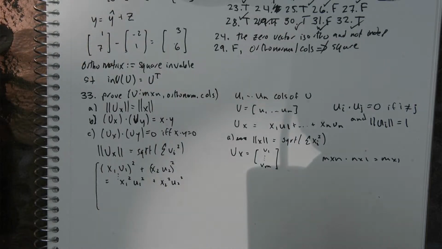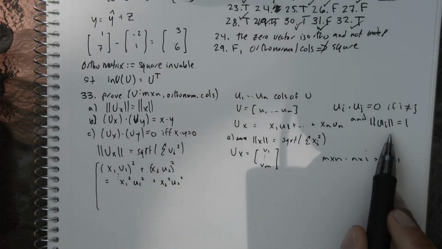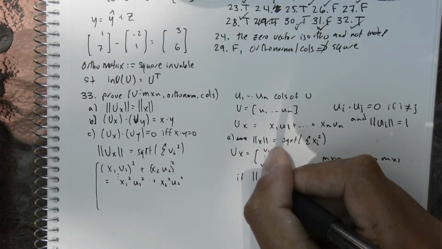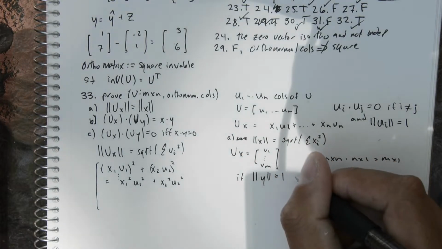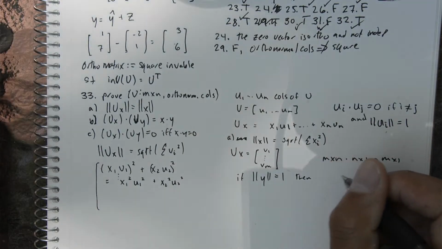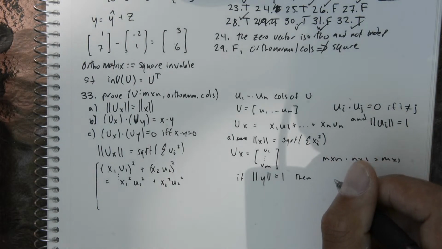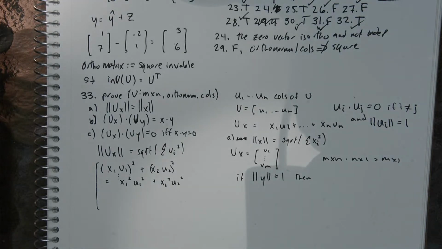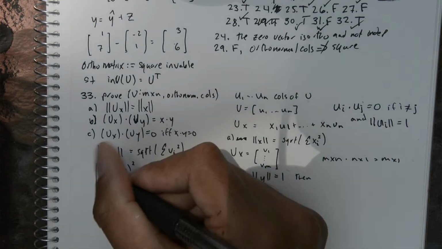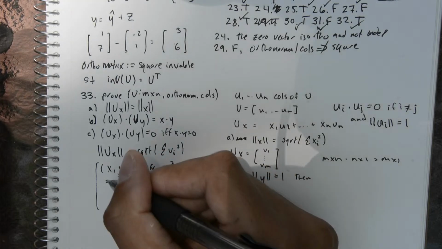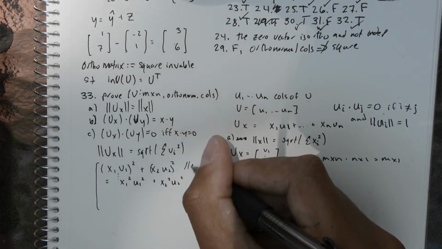So wait, but I think that if the norm of some y is equal to 1, then this is going to be... squared.